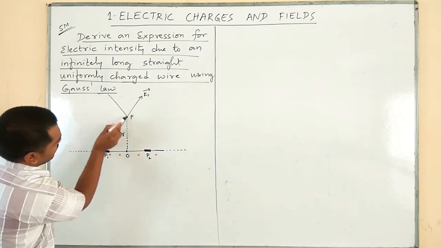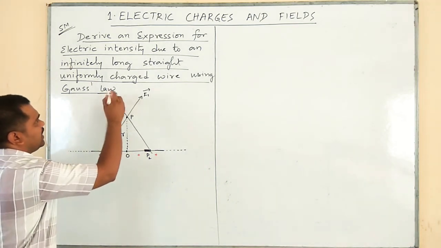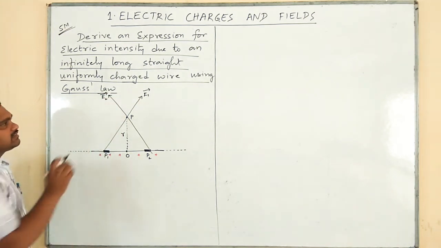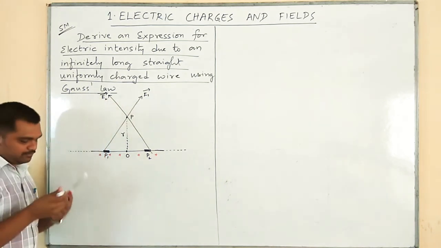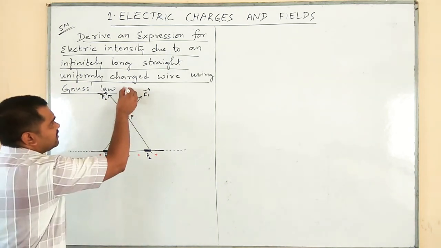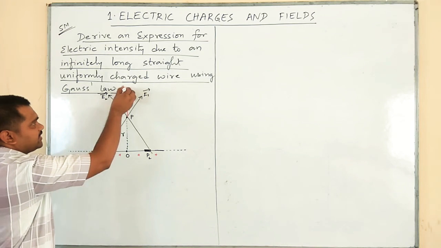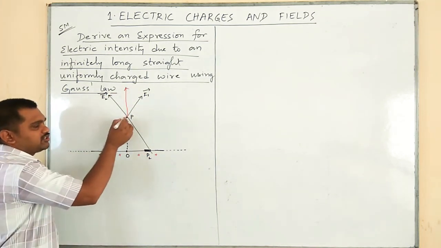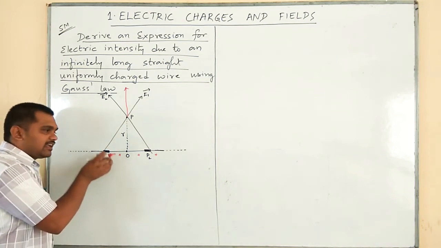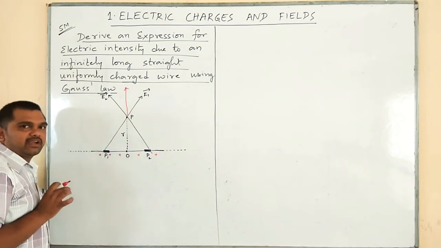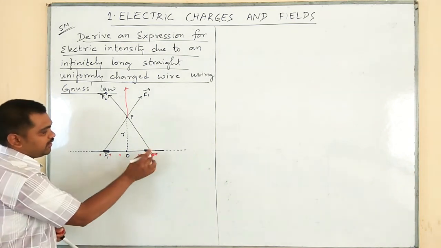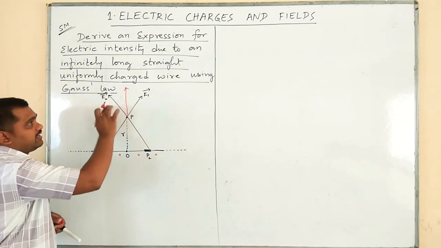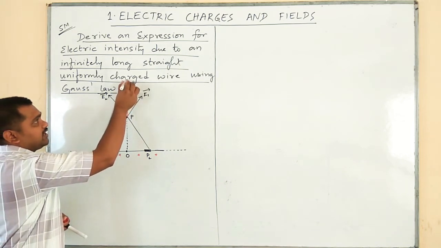Therefore, it is also outwards, and you will mark this as some E2. Okay. The resultant of E1 and E2 will be along this direction. We know that both P1 and P2 are at the same distance from this point P. Moreover, they have the same charge, same magnitude. Therefore, the value of E1 and E2 will be the same. Therefore, the resultant will be along this direction.